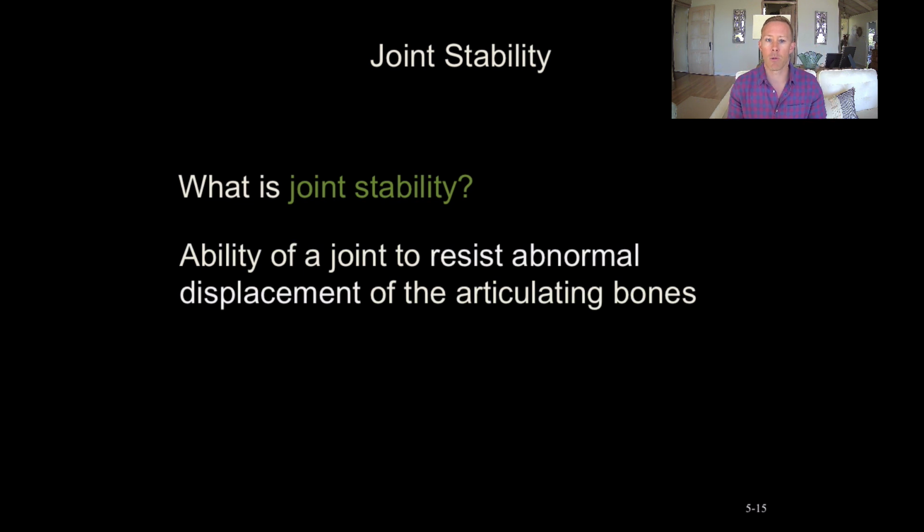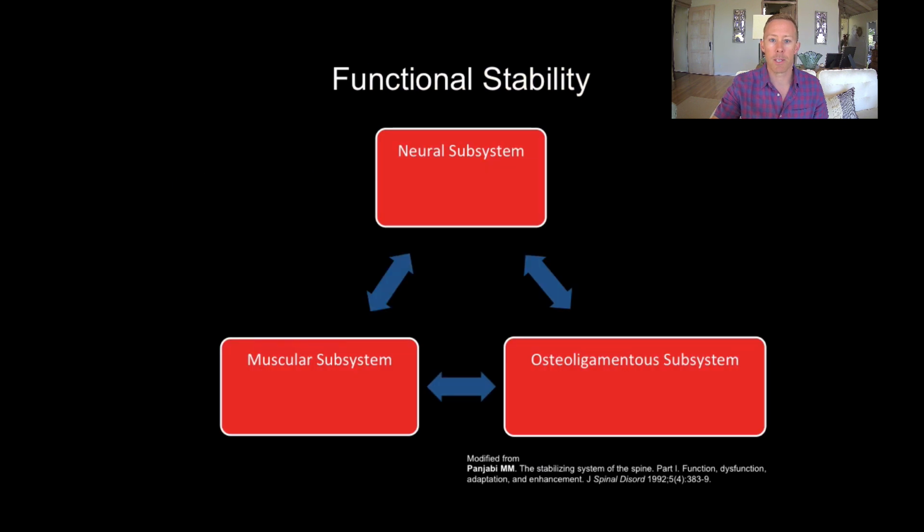So joint stability really is just being able to resist abnormal displacement of those two articulating bones. And we'll talk about different factors that contribute to this.